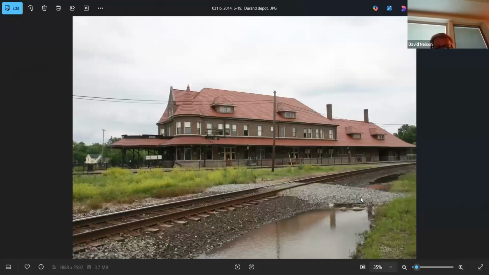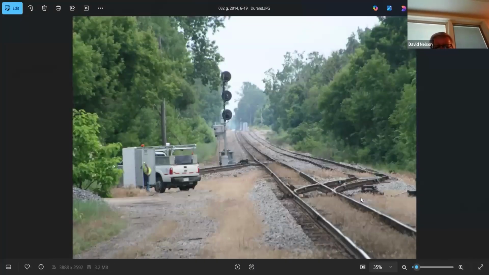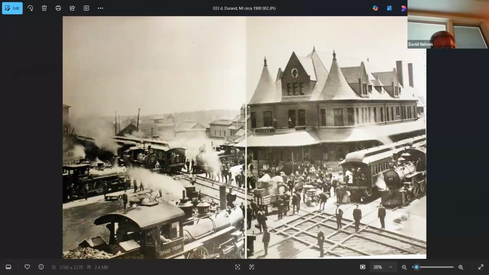That's the depot. So there is an interchange track from the northern and north, south, east, west lines. And in fact, we're now looking south, and there's yet another interchange track that leaves. You would want DCC if you wanted to even attempt this scene at Durand, Michigan.